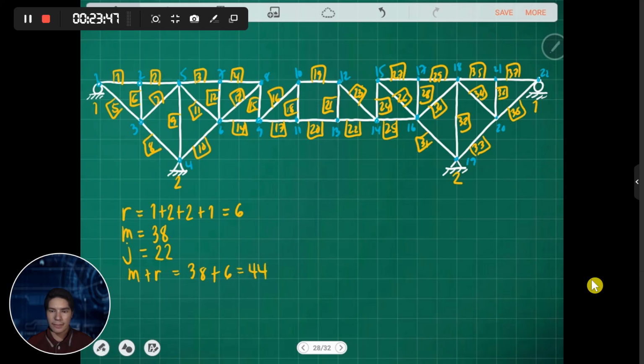And then 2 times joints, so 2 times 22, so a total of 44. So the degree of indeterminacy is 44 minus 44, 0 degrees.